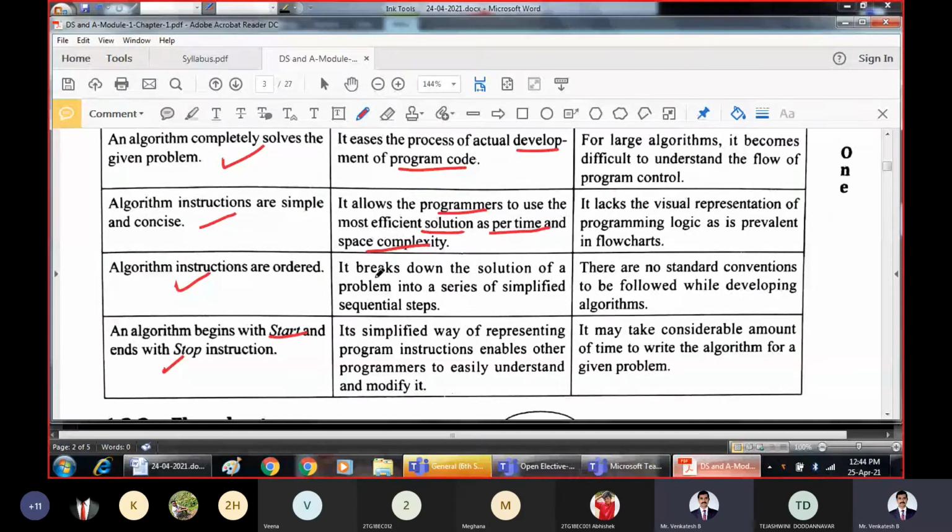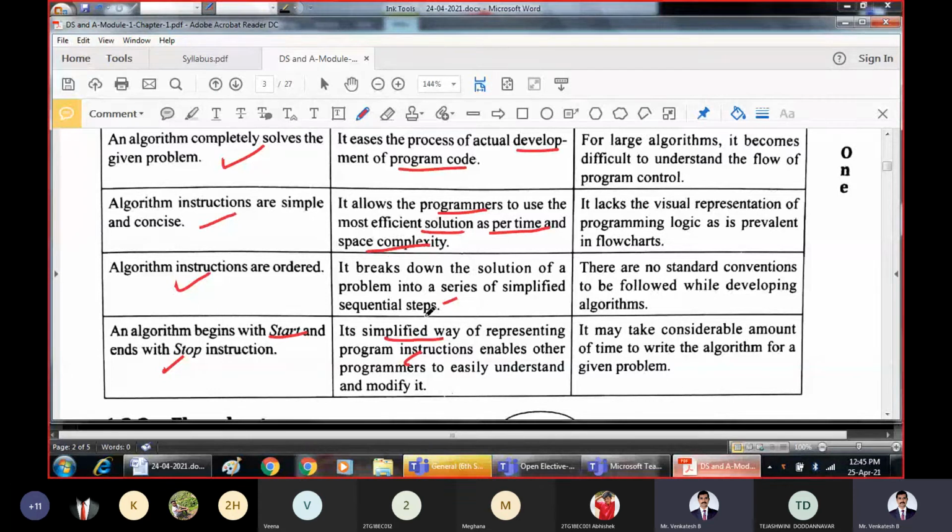Now, it breaks the solution into simplified sequential steps. As we have said in one example, to find whether the number is odd or even, it breaks the solution into smaller parts. It is just a simplified way to represent the program instructions so that a new user can identify what procedure has to be followed. A very simple example: how to prepare a tea.